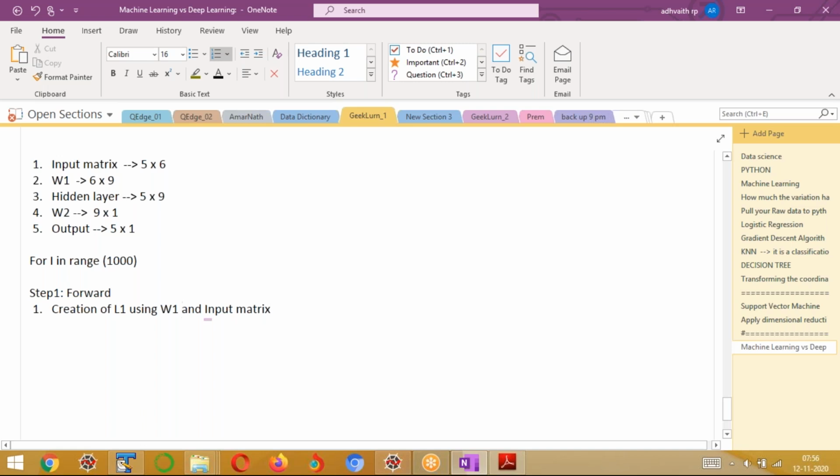This is what has to happen, and on top of this I have to apply the function. Maybe you will get confused. So on top of this, creation of L1 using the function on these two things.